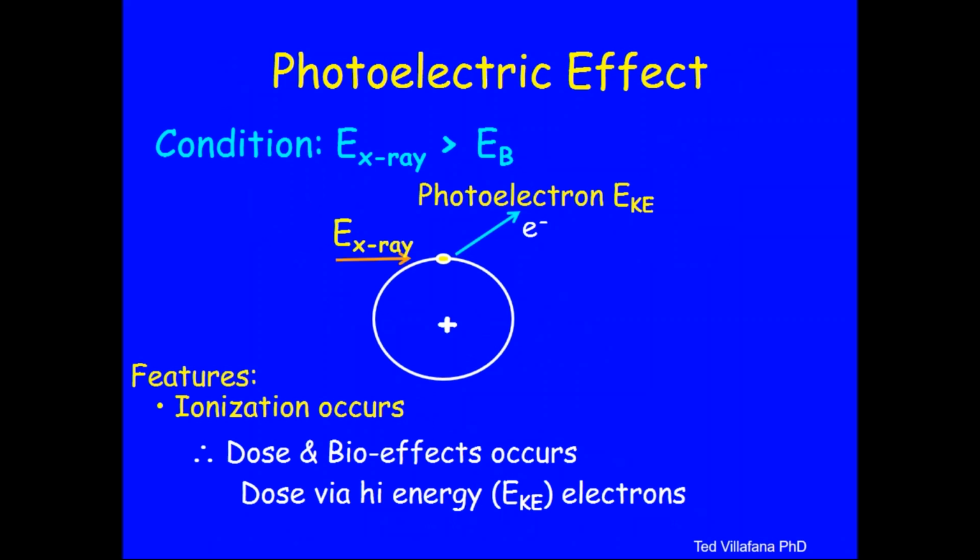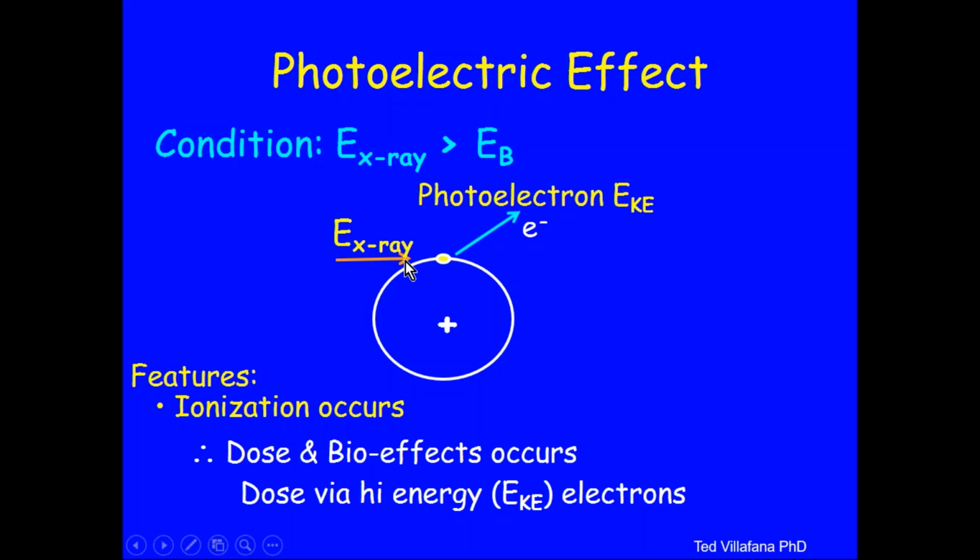Let's now go on to the photoelectric effect. The photoelectric effect is one step higher in the sense of energy. What if you had an X-ray energy that indeed was greater than the binding energy of a particular atom? So now things are very, very different. Here you have the atom with a particular electron at a particular shell.